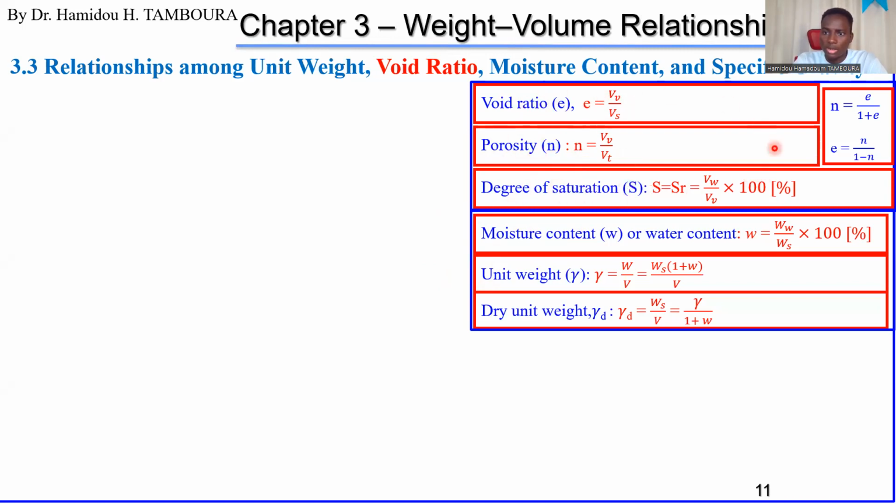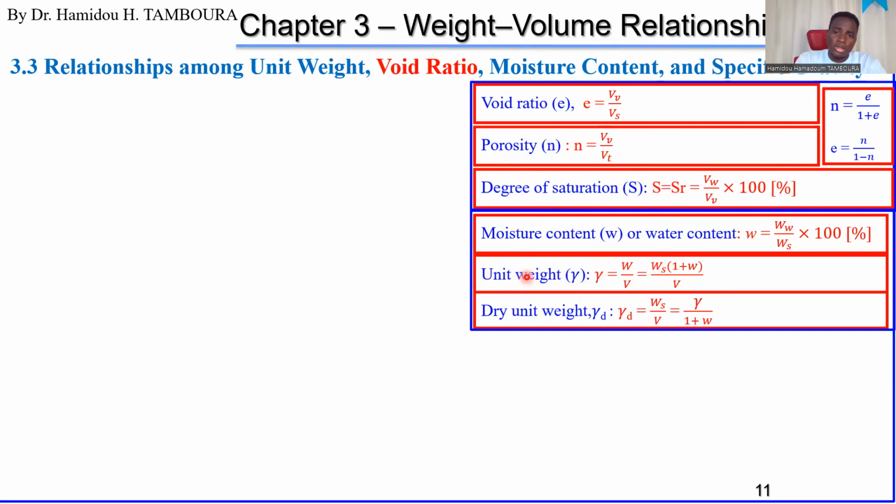These three are the three relationships for volumes. Water content, unit weight, dry unit weight. These three are for the relationship of masses. And sometimes you will have a saturated unit weight, but if you know the total unit weight, it's okay. It's safe.